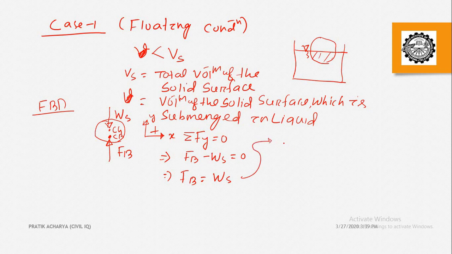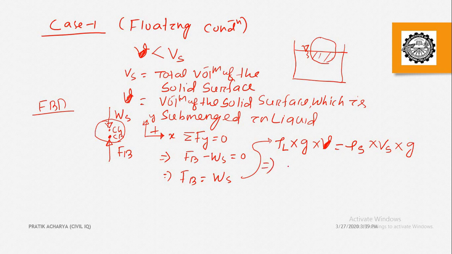From here, I can write the force of buoyancy, which I already derived: density of the liquid into g into the volume that has been submerged, will be equal to density of the solid surface into volume of the solid surface into g, mass into g.